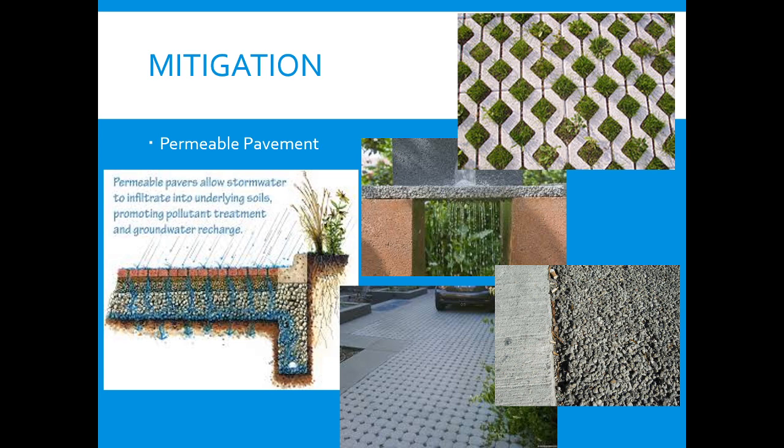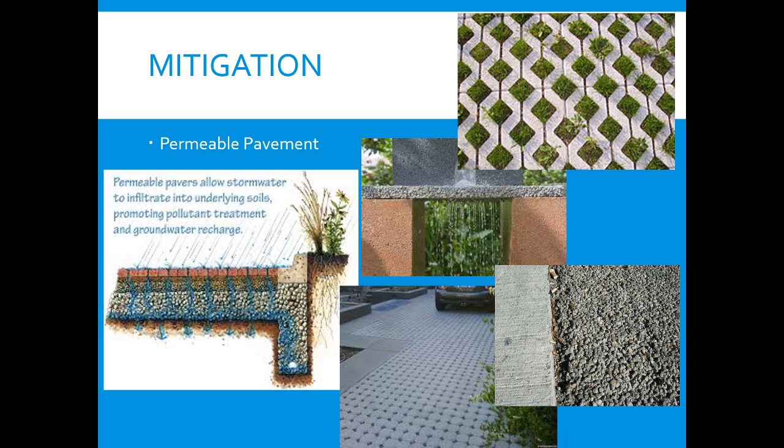So some of the things that are being done for mitigation, like permeable pavement, which allows stormwater to infiltrate into underlying soils, and it actually promotes the treatment of pollutants and groundwater recharge. There are also certain types of sidewalks and pavements that are made specifically to help with the mitigation of runoff.